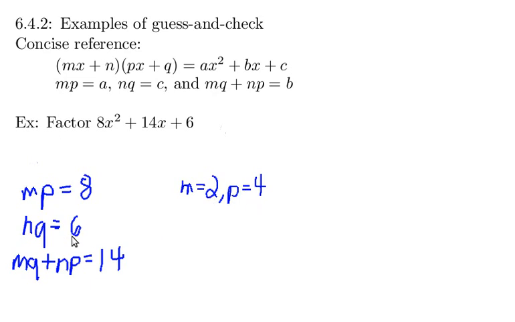It'll be 4 and 2. And for nq, we'll guess that to be 2 and 3. I don't mean to keep picking things that can only be multiplied together two different ways. Hopefully the next one's not like that, but at any rate.